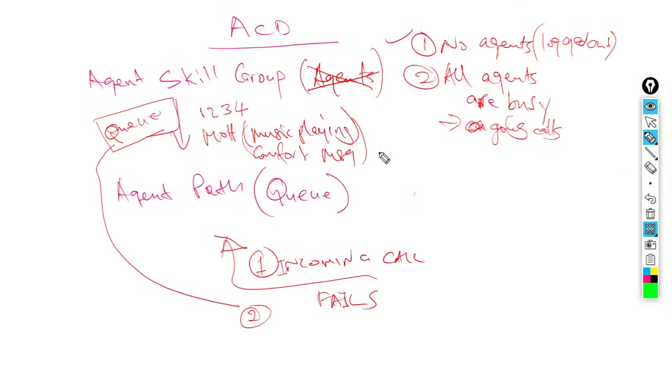So the queue can be configured in such a way that if calls are queuing and probably they've queued for 1 minute, or any configurable time that you want, the call should move on to elsewhere so that it gets answered there.